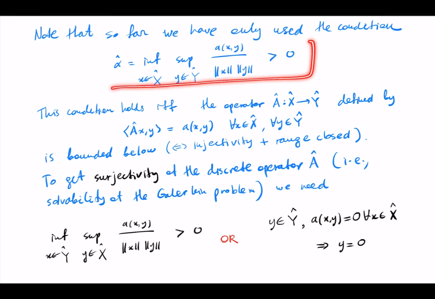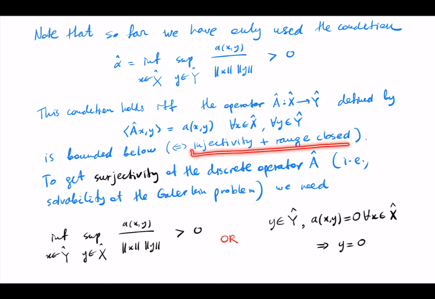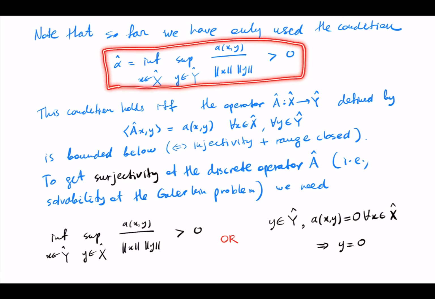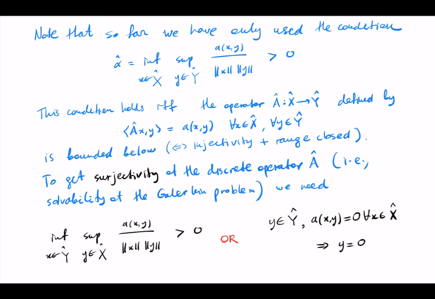Then this inf-sup condition is simply equivalent to the bounded below condition for a hat, which in turn is equivalent to injectivity and range closeness. And usually in applications we are talking about finite dimensional spaces here, these finite element spaces. So range is automatically closed. So this is really in the discrete setting an injectivity of a hat operator.